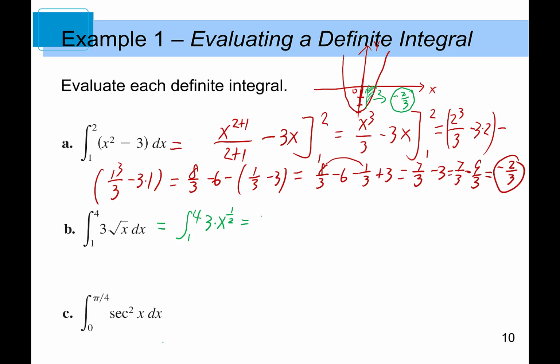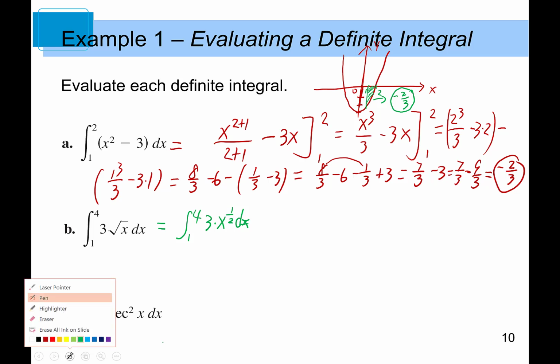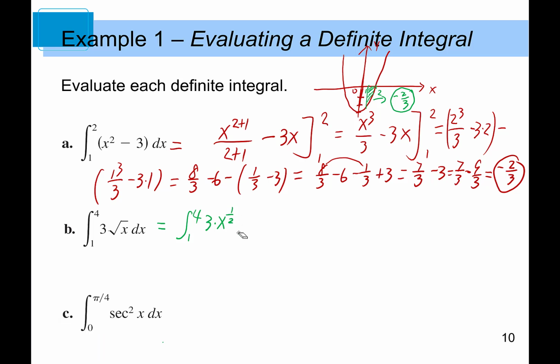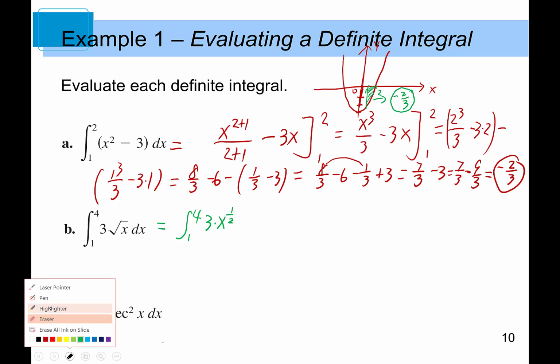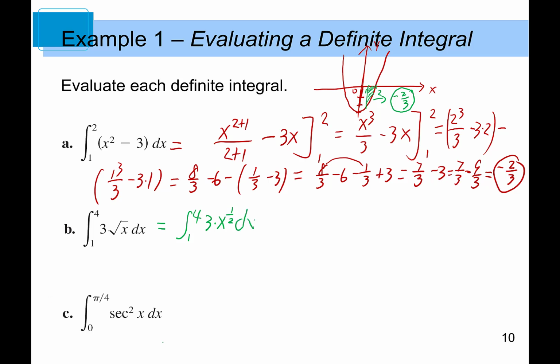Now apply the power rule. So 3 times x to the half plus 1 over half plus 1, and it's from 1 to 4.